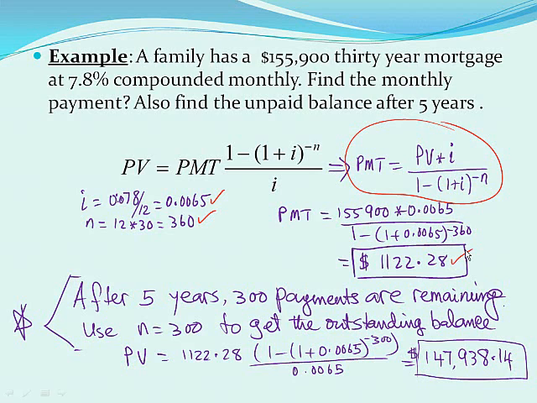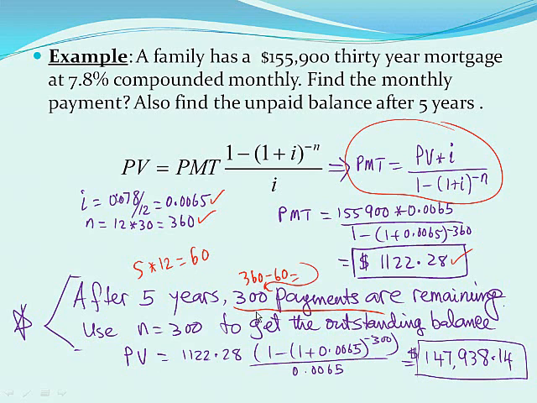$1,122.28 monthly payment. Let's see what is the outstanding balance after 5 years. In 5 years, we will be making 5 times 12, 60 payments, and that leaves 300 more payments, 360 minus 60. So in order to calculate the outstanding balance, we need to compute the present value of all the remaining 300 payments.